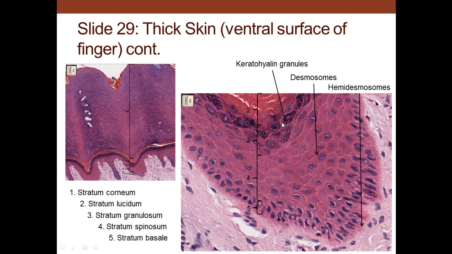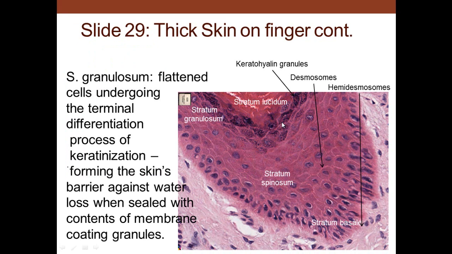And then here we see the keratohyalin granules. Now, in the stratum granulosum, that we see right through there, we have flattened cells undergoing the terminal differentiation process of keratinization, and they form the skin barrier with water, which prevents dehydration, one of the functions of these, if they're sealed by the membrane coating granule contents.